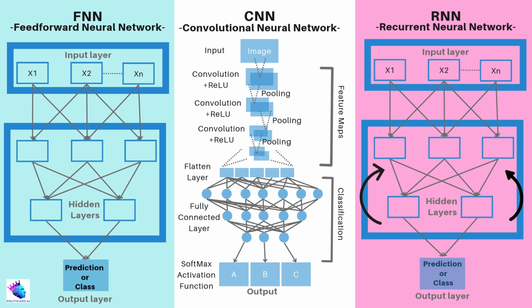In the fully connected layer, each feature from the flattened vector is connected to every neuron in the layer, allowing the network to combine all the detected patterns and make a final decision. This fully connected layer is what ultimately produces the classification or prediction. CNNs excel at tasks involving spatial patterns and are commonly used in image recognition, object detection, and even facial recognition. They're incredibly useful whenever we need to analyze and interpret visual data.